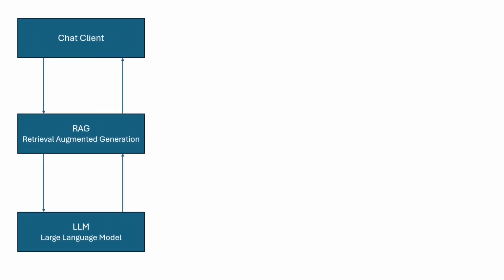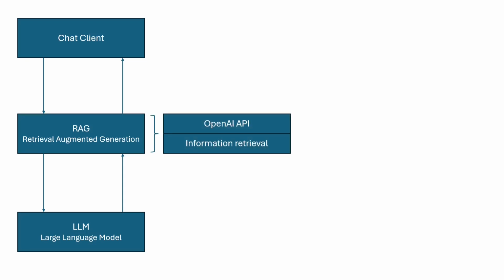Now, let's look closely at what we actually need to implement. First, our chat client needs a way to talk to the server. To keep things simple for integration, we will build an API layer that's compatible with the OpenAI API. So developers and tools already familiar with the OpenAI ecosystem can connect without major changes. Next, we have to implement information retrieval. The main goal is to search by vector.